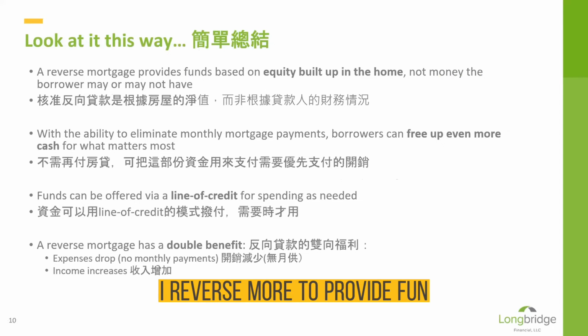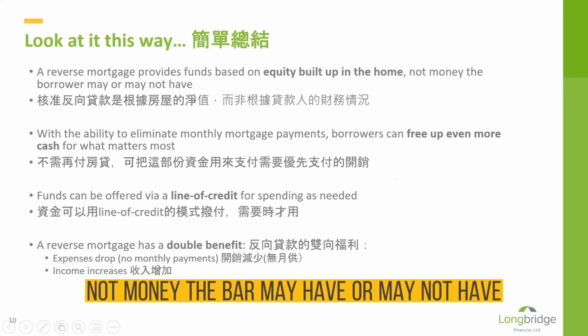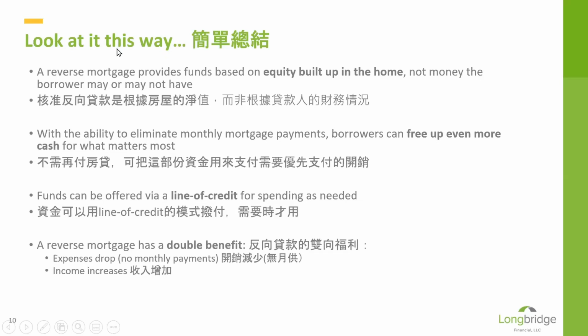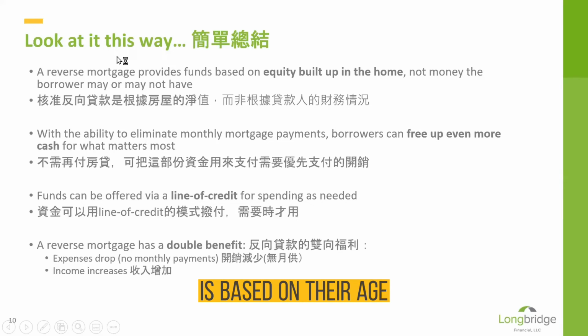A reverse mortgage provides funds based on the equity built up in the home, not the money the borrower may or may not have. What that simply means is the amount of money I can lend somebody is based on their age and their home's value.